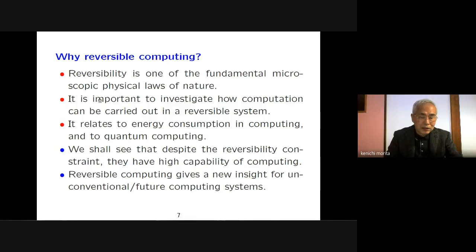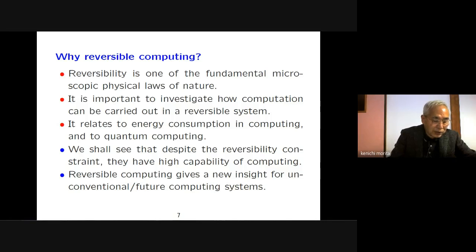Second, therefore, it is important to investigate how computation can be carried out in a reversible system. This is because the size of future computing systems will surely become nanoscale ones.